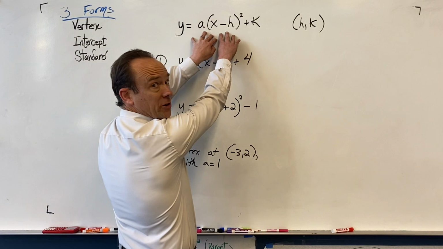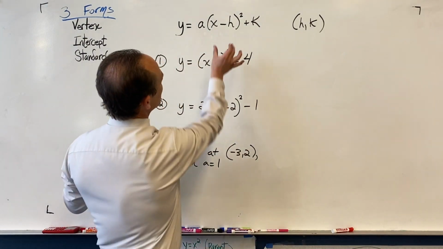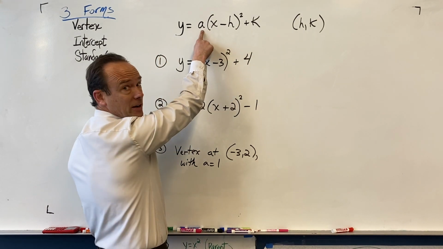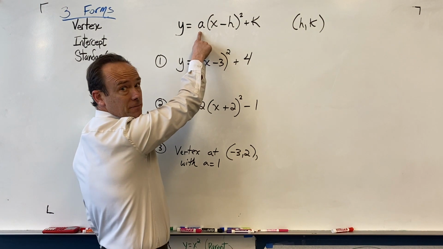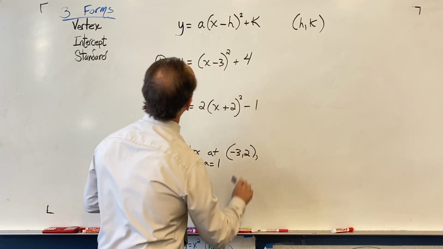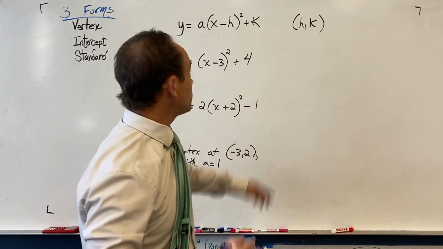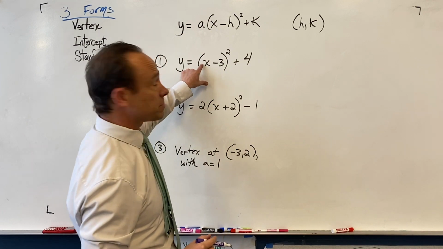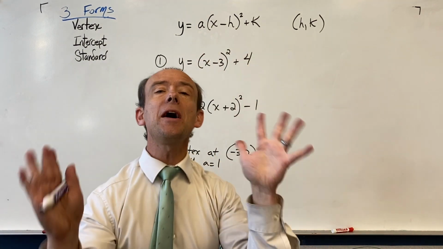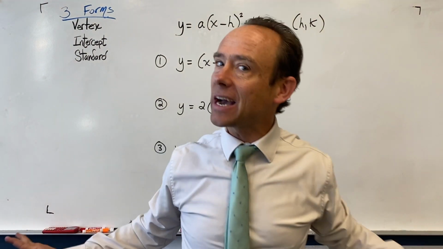Up here's the general vertex form, which says if you see a quadratic that is a square plus a constant, and the outside is multiplied by a value, which could be 1, by the way, and that value there is a 1, so the coefficient of x is 1. The vertex is automatically at (h, k). That should be without calculation.